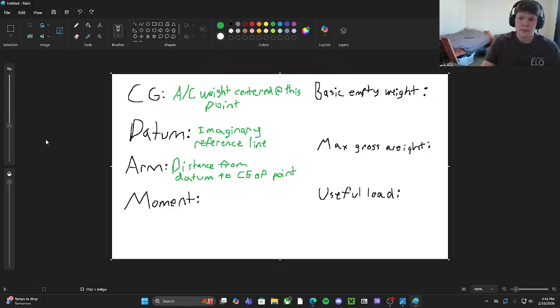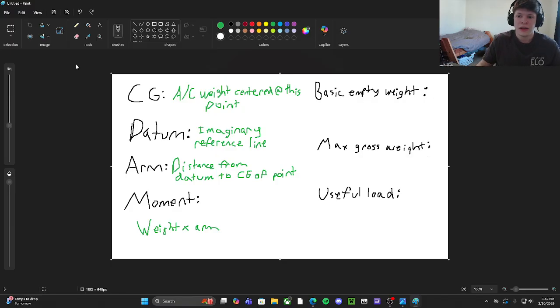And then moment is something that we'll use specifically when calculating our CG. That's calculated by doing our weight times our arm. So the weight of whatever the object is, whether it's the people or the fuel, multiplied by the arm, or the distance from that imaginary reference line, the datum.